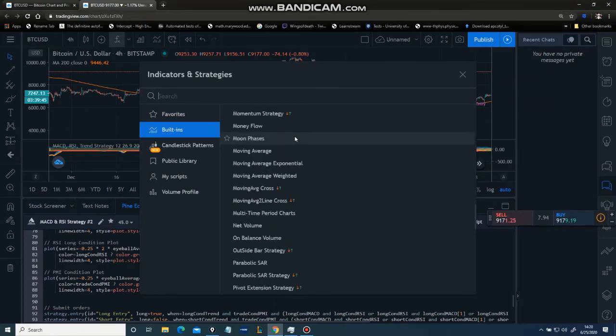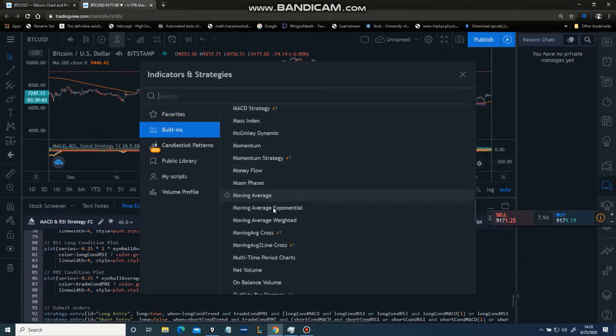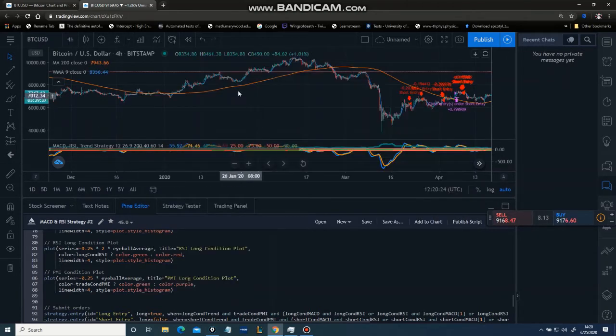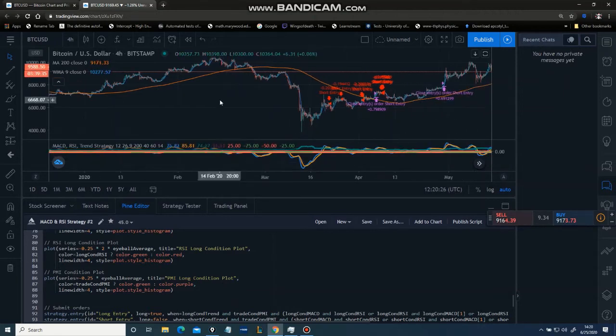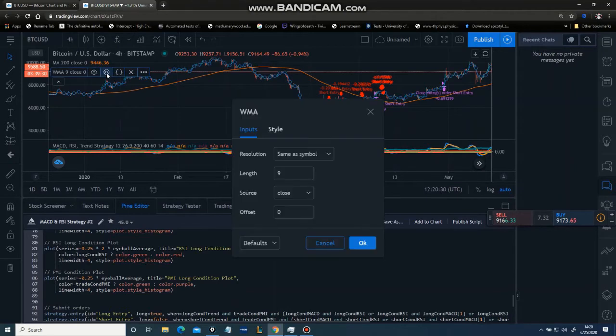Wow, that took me a long time. Okay, so moving average, exponential. Weighted. What is weighted, actually? Is that volume weighted? Weighted tells me very little, right? Weighted tells me exactly nothing. So I'm going to Google that. Weighted moving average.